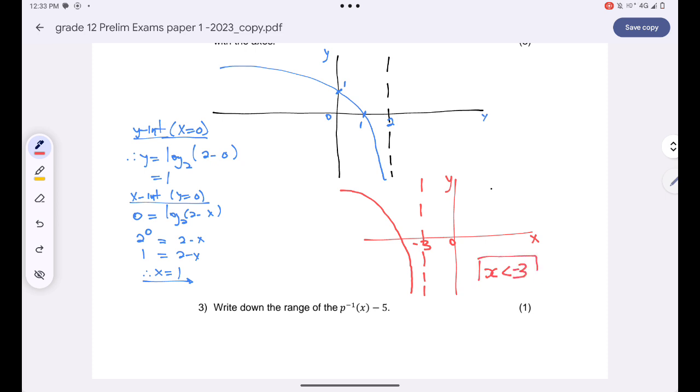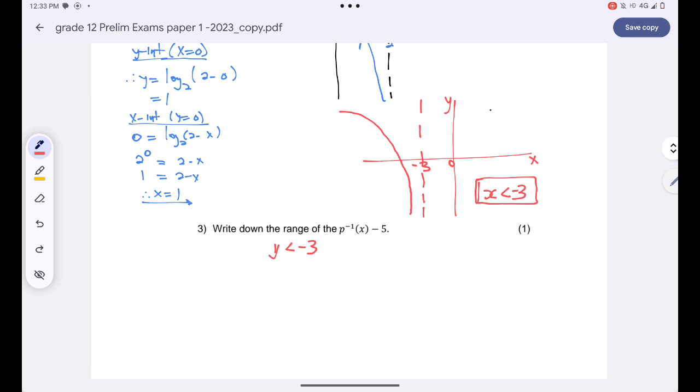But remember that, guys, the domain is always equal to the range of your inverse. Therefore, the range, just know that y is just less than negative 3. But you can prove that, guys, by simply finding the inverse and then translating the inverse 5 units down. Né? This is the final answer, by the way. But if you're not sure about it, please find the inverse first.